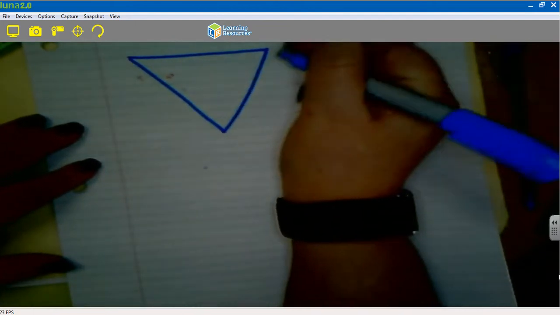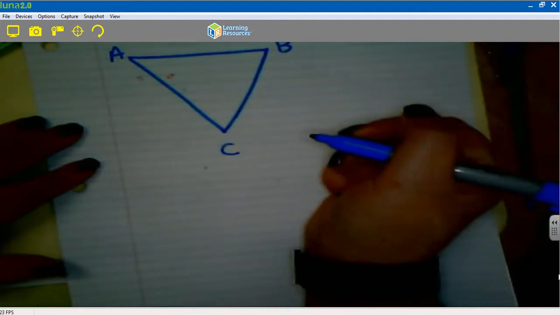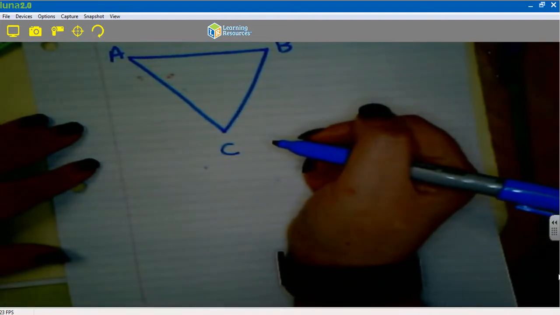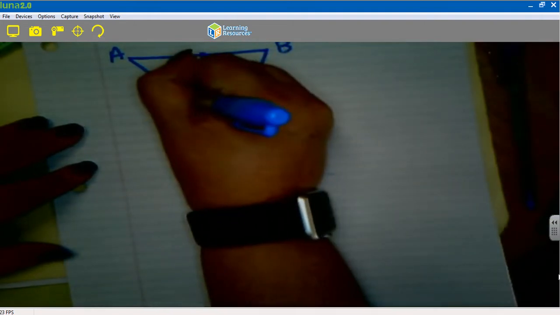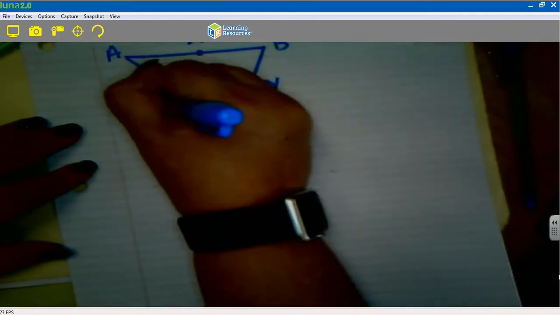So let's take a look at example 1. We have triangle ABC, and points X, Y, and Z are midpoints of each side. We can go ahead and connect the midpoints.